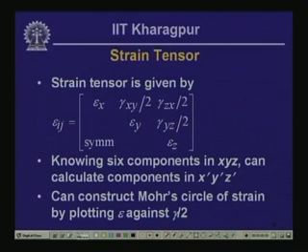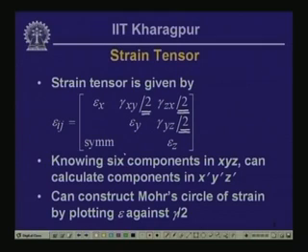But you should notice here one change in comparison with the stress tensor is that you have to really divide the shear strains by a factor of 2 in order to compose the strain tensor.